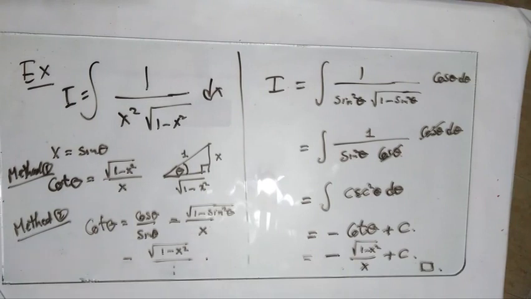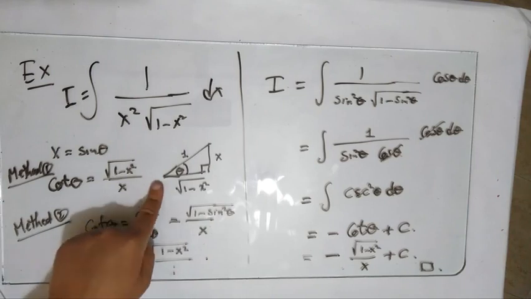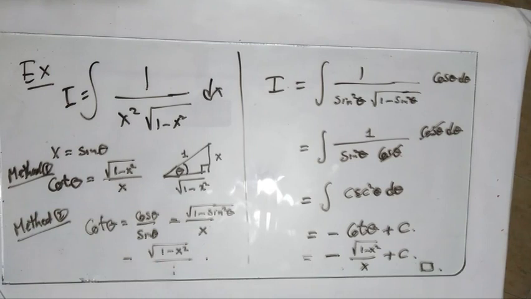Okay, so to rewrite it, you have to rewrite everything in terms of x again. So you have 2 ways, since we have this substitution. If you consider theta to be a positive angle, you can have this triangle, and then you can find the value of cotan theta.